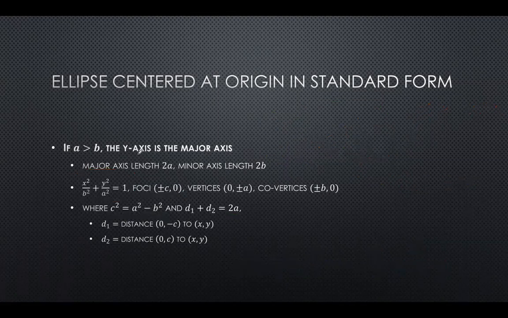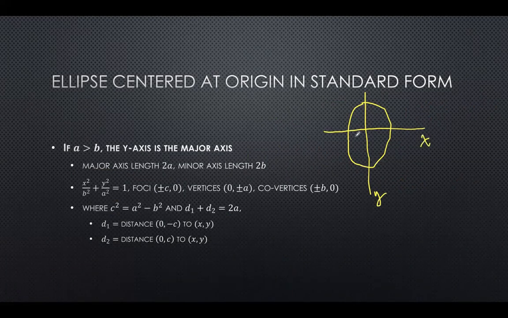So in the case where the y-axis is the major axis, the graph looks like a standing-up egg. The longer axis, the major axis, happens on the y-axis, and the smaller axis, the minor axis, occurs on the x-axis.